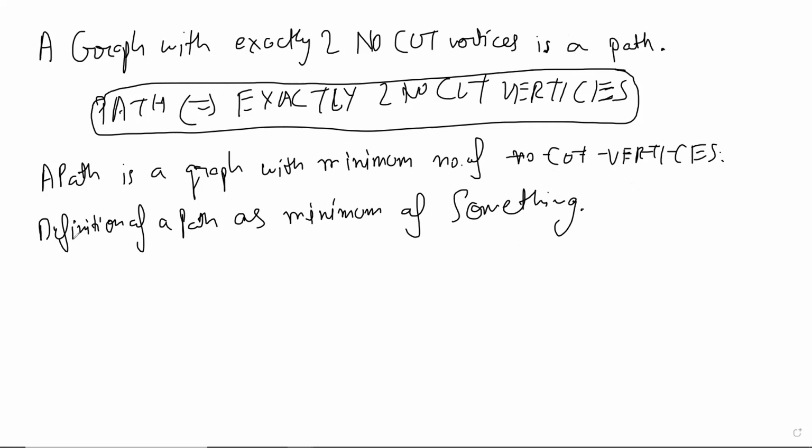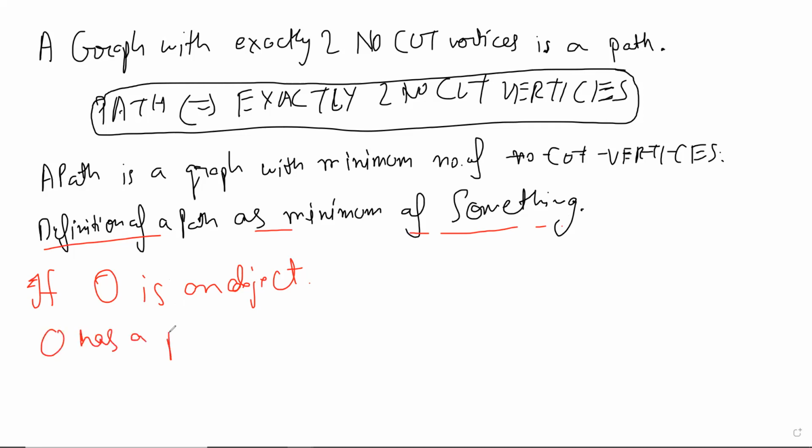Why are these kinds of definitions very nice? Because suppose O is an object, and let's say it has a property. Now this could be a path, or something else, a collection of vectors, or an equilateral triangle.